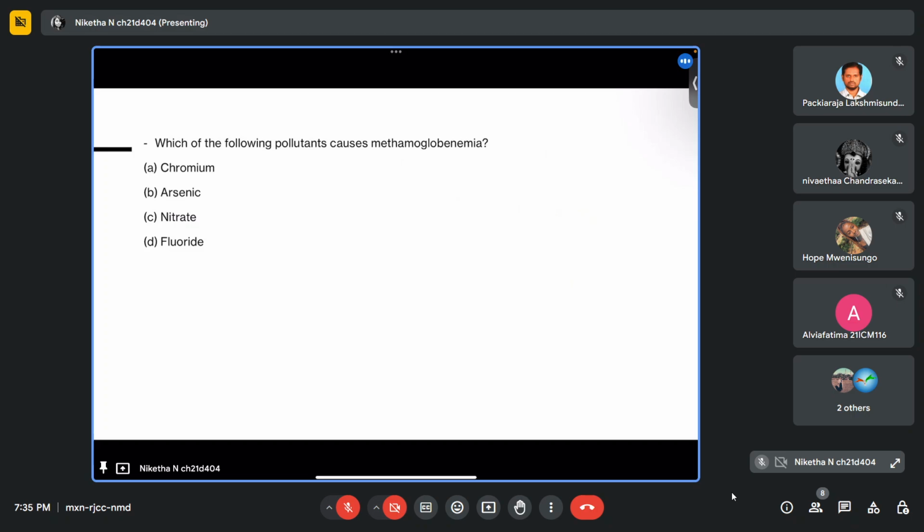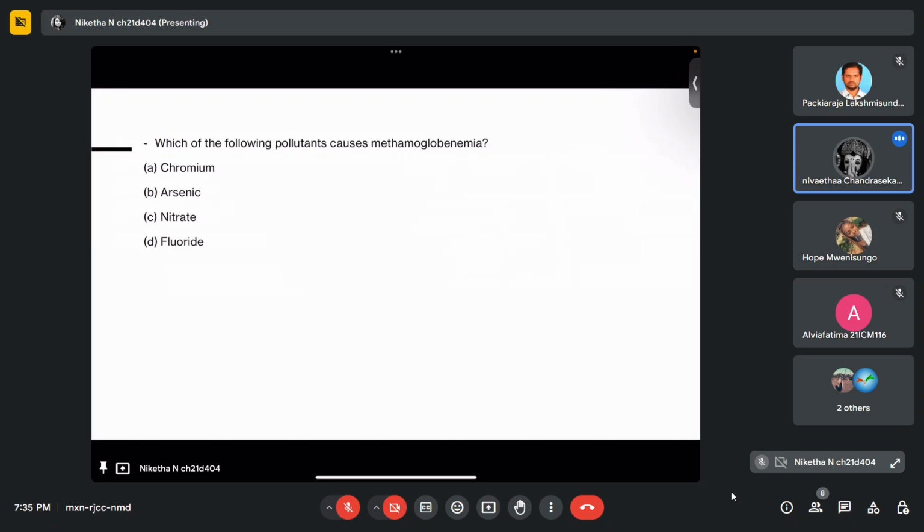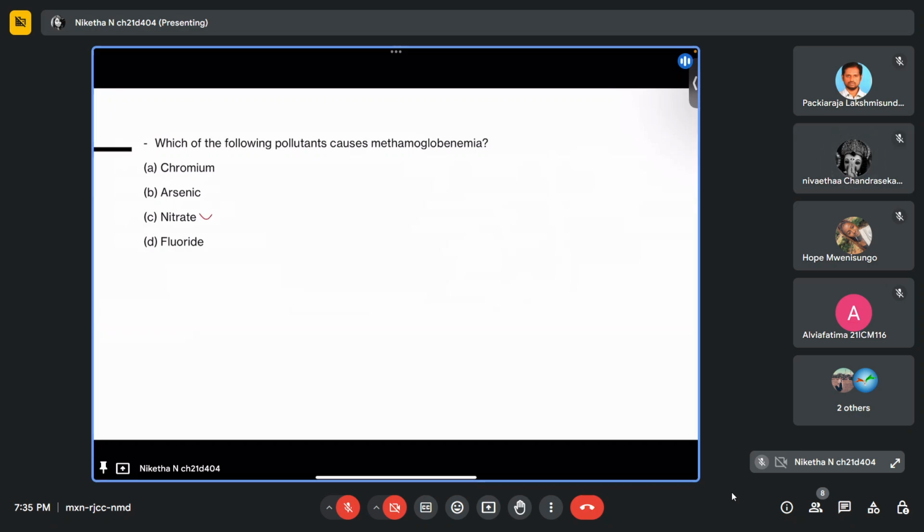Okay. Next question is, which of the following pollutants causes methemoglobinemia? Nitrate. Yeah, correct. So nitrate will cause this blue baby disease, generally in infants, if it goes beyond the recommended levels.